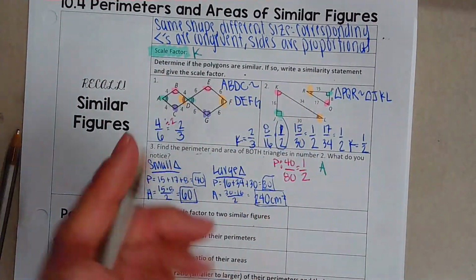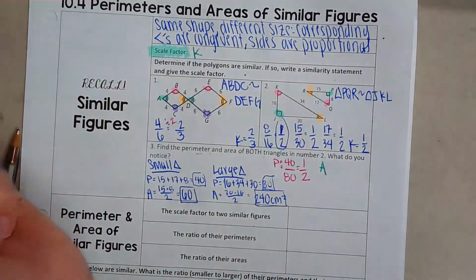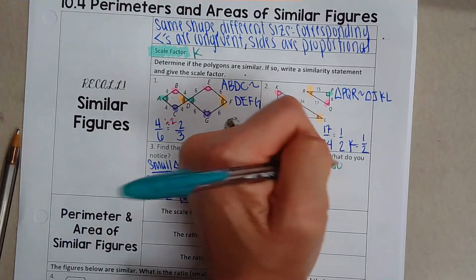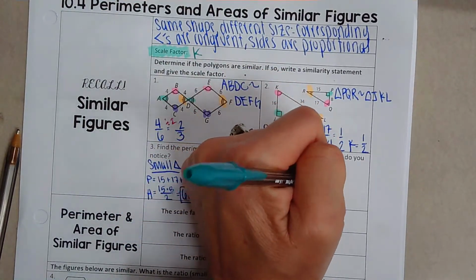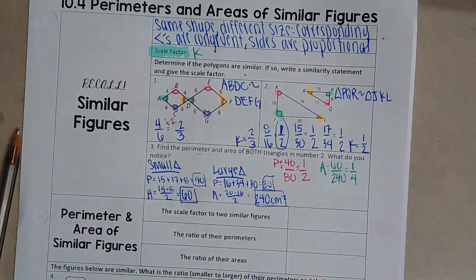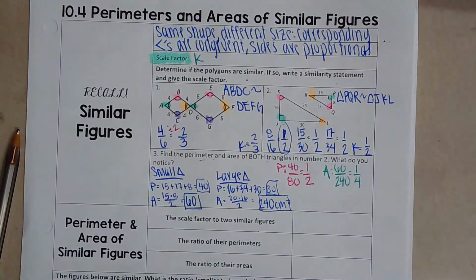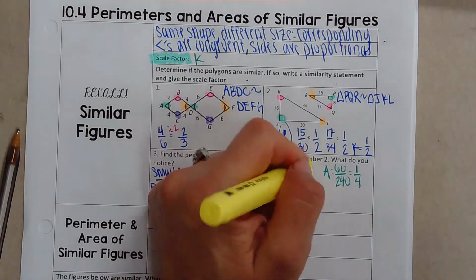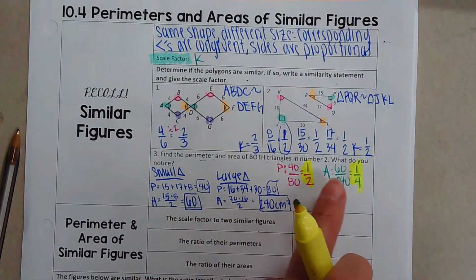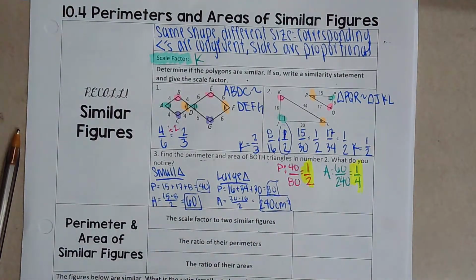Area for the smaller triangle is 60 over 240, which reduces to 1/4. Okay, so hopefully you guys can see this. The perimeter is 1/2. The area is 1/4.